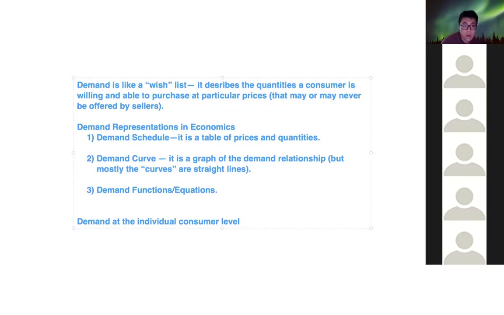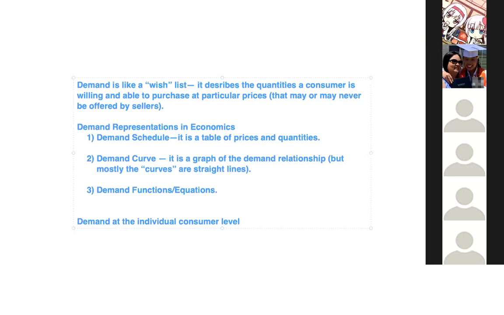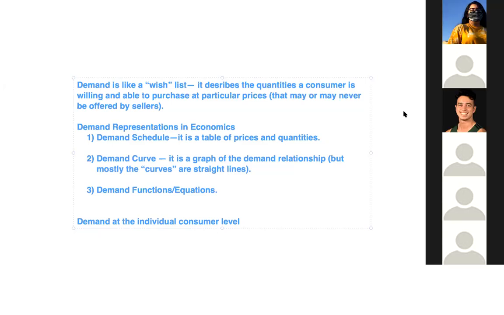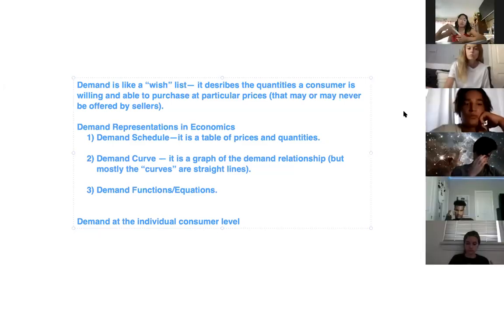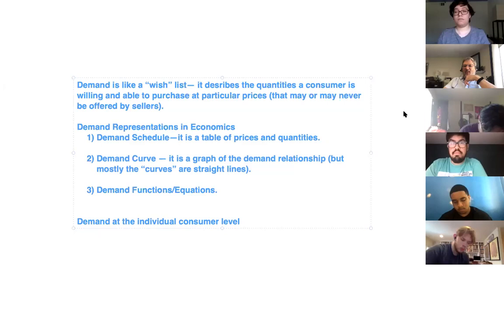So we can plot the points on a graph for, let's say, Anthony Ramsey's demand for water. And we could do the same thing for our other Anthony, whose last name I'm trying to remember.